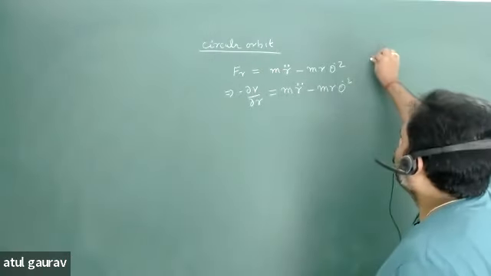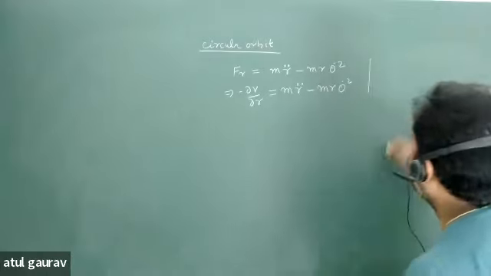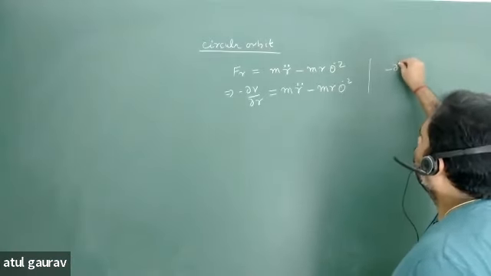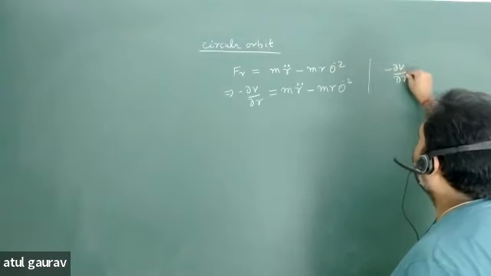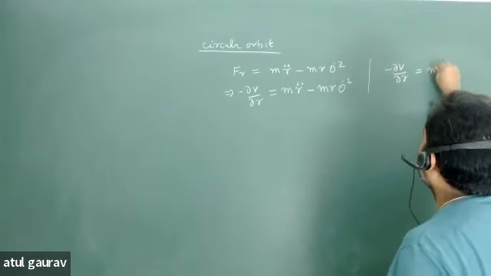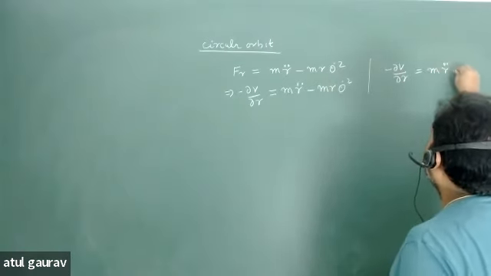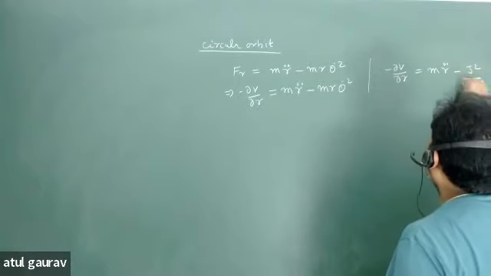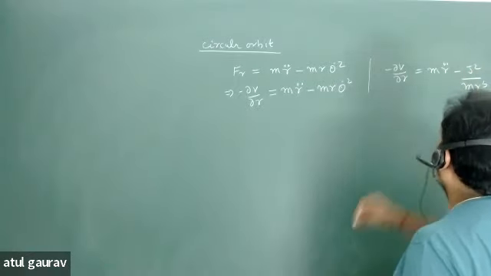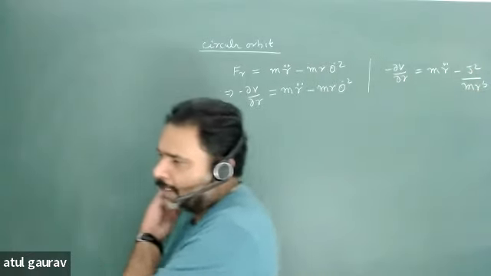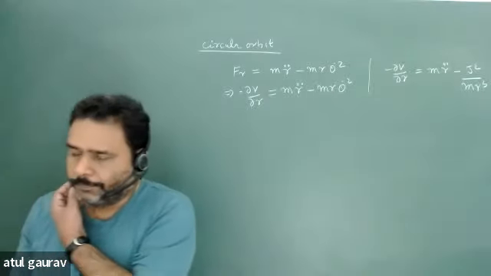You can use this expression also: minus del V upon del r must be equal to m r double dot minus J square upon m r cube. Both expressions are equivalent to each other.